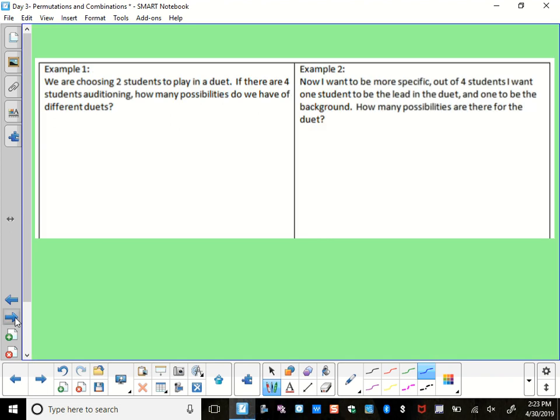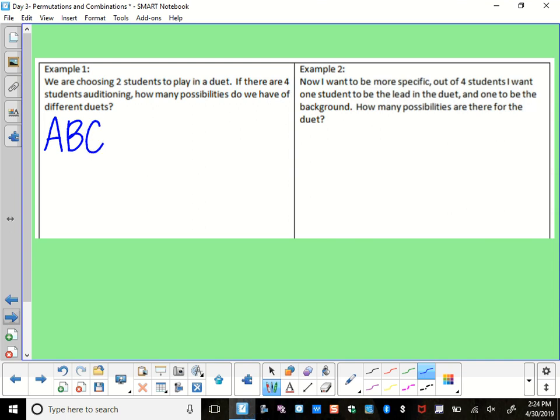All right, example 1. We are choosing 2 students to play in a duet. If there are 4 students auditioning, how many possibilities do we have of different duets? All right, so I like to name my people. What's the name for A? Alice. B is what? Ben.